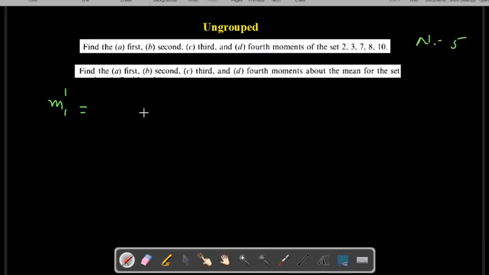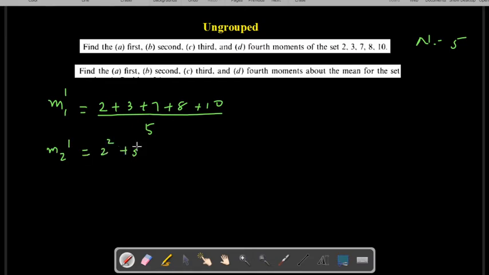5. So m1 is equal to, you have to add all the data, 2 plus 3 plus 7 plus 8 plus 10. This is the formula, divided by 5. What is m2 dash? M2 dash is equal to 2 square plus 3 square plus 7 square plus 8 square plus 10 square divided by 5. Now, what is the third moment?